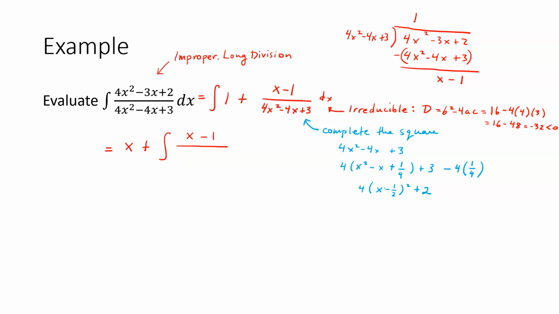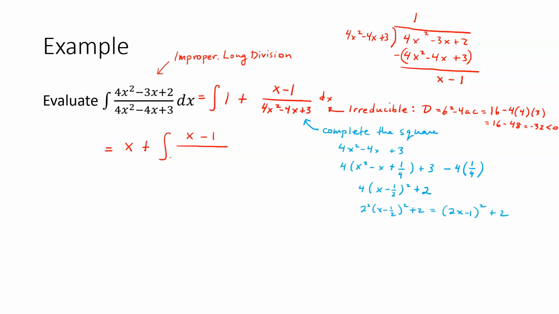And actually maybe sometimes it helps if I were to just bring this 4 back into the squared term here. That's like a 2 squared, right? So this would be 2x minus 1 quantity squared plus 2.